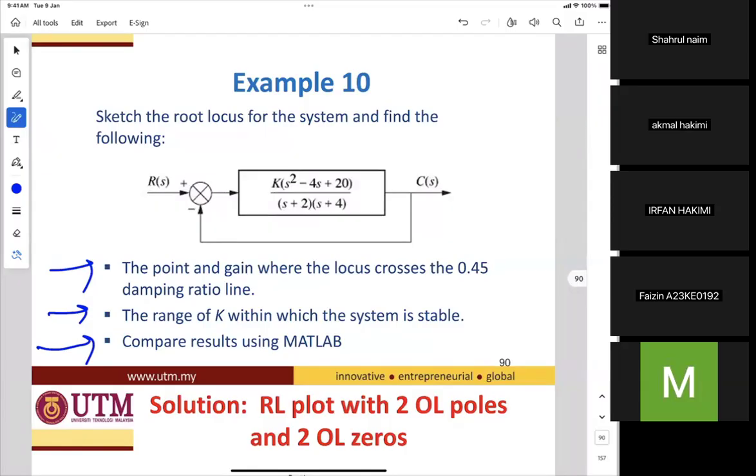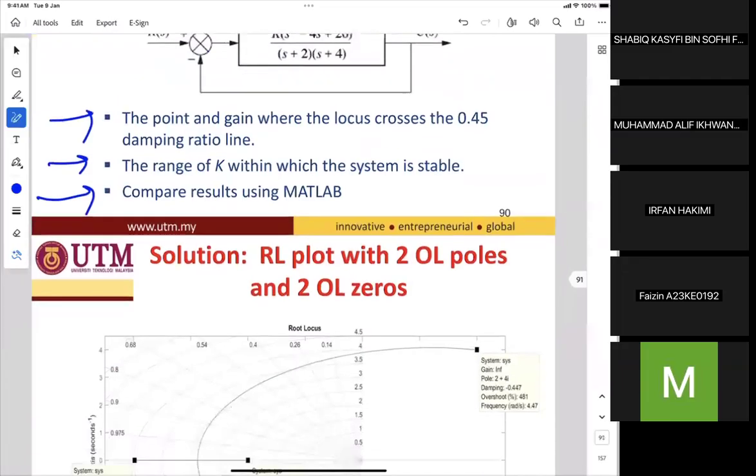So this is the open loop transfer function. How many open loop zeros? Two, doctor. Value?